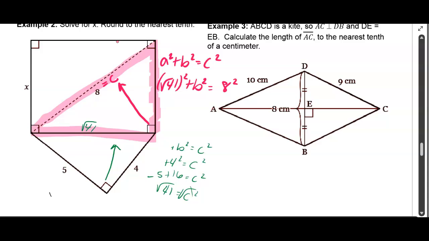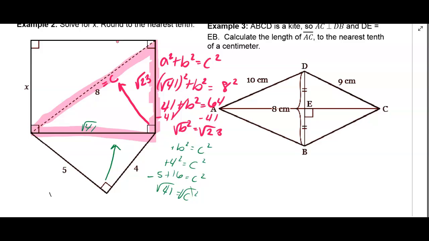Now squares and square roots cancel out, so square root of 41 squared is just 41 plus b squared equals 64. Subtract 41 from both sides. Oh, I'm going to run out of space. b squared equals 23. Square root both sides. Square root of 23. So now I know this is square root of 23. This is nice. Now I'm getting closer to what I want.